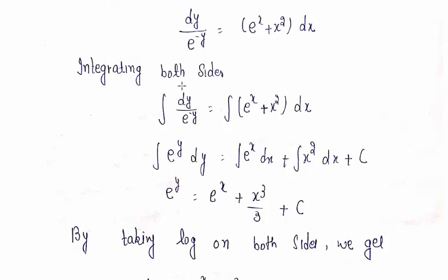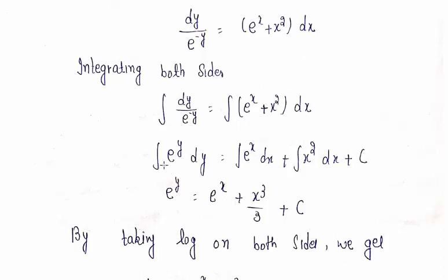Now by performing the integration on both sides, integral of dy over e raised to power minus y equals integral of e raised to power x plus x square dx. If we shift e raised to power minus y into the numerator, this becomes integral of e raised to power y dy equals integral of e raised to power x plus integral of x square plus constant of integration.